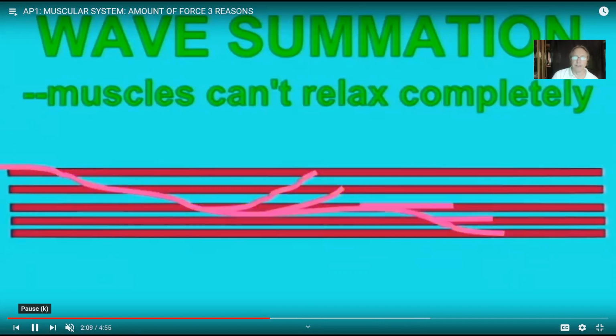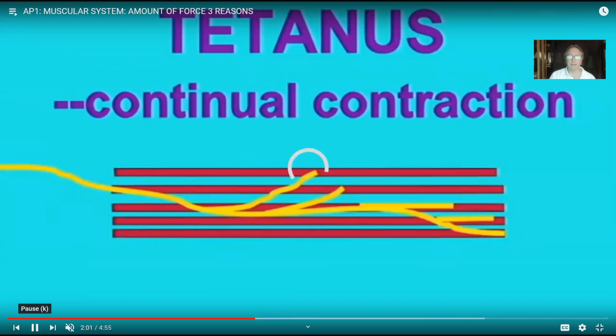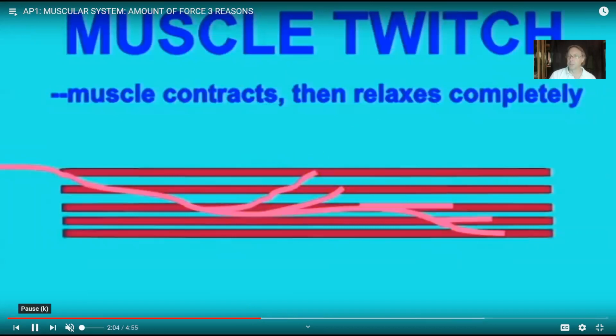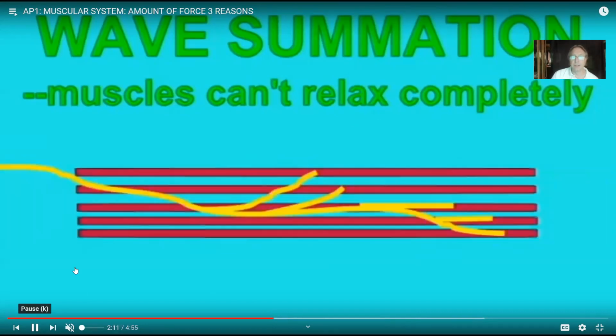So I tell it to contract, it contracts, but before it gets to relax completely, it is told a second time. And once again, I apologize that zooming and playing videos is not as seamless as I'd like it to be. So wave summation, the muscle doesn't get to relax completely. One little quick aside thing is, so here it is, look, it started to relax.